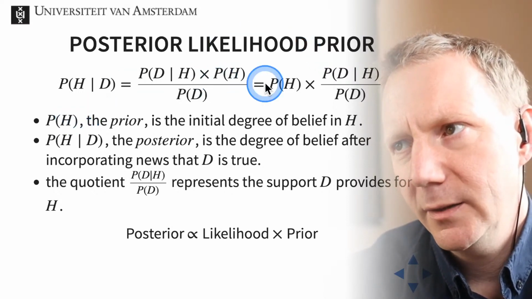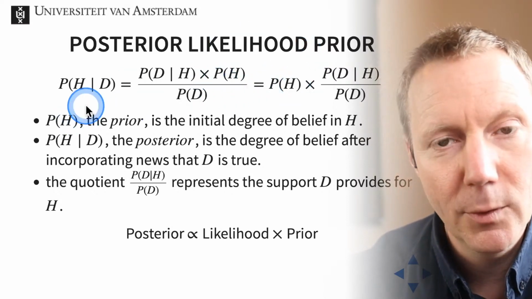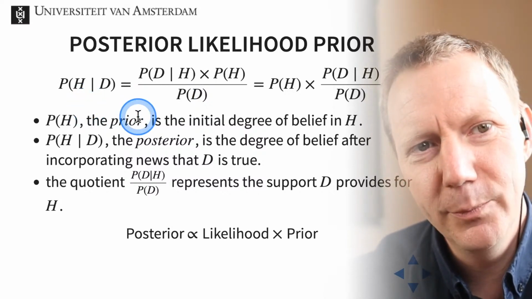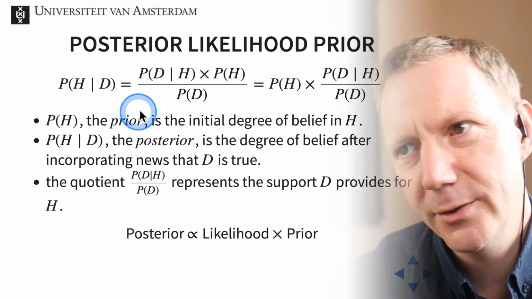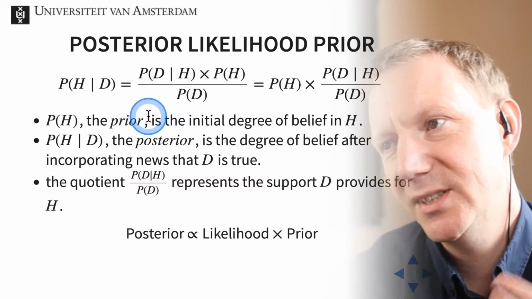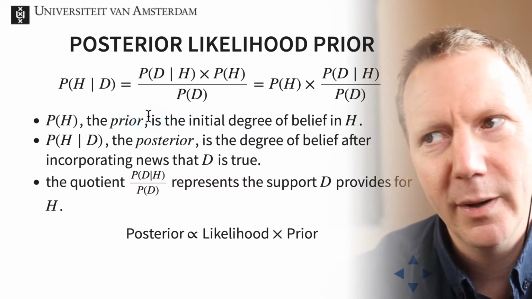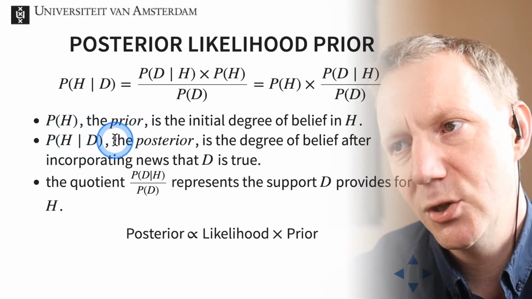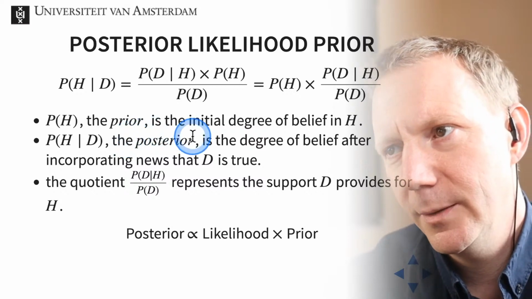So this part the Bayesians called the prior, the belief that you have prior to seeing your data. So it's the initial belief in your hypothesis. And you have your updated belief. So that's your posterior belief.